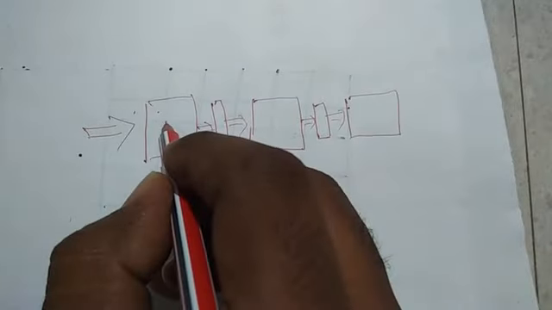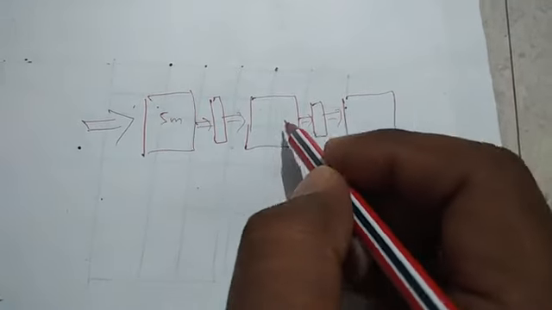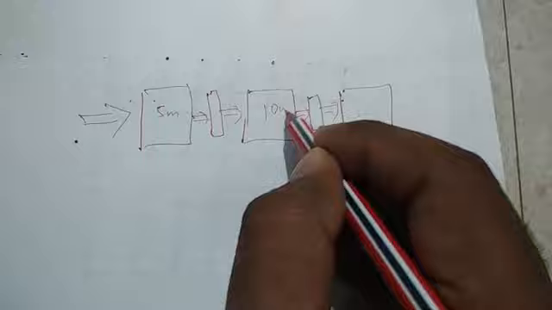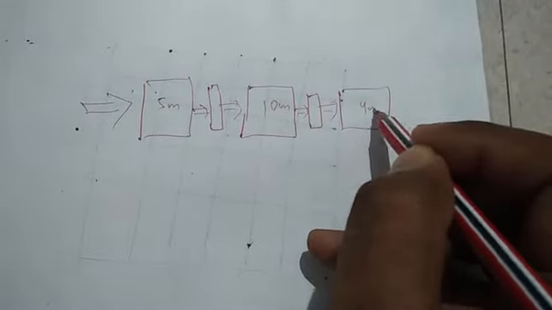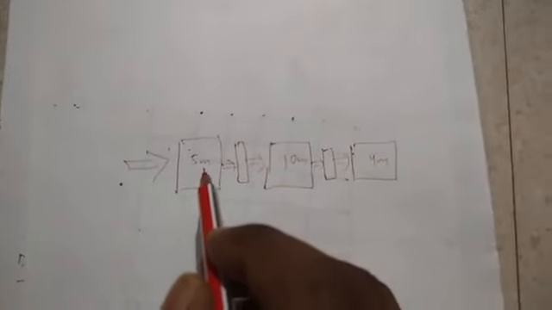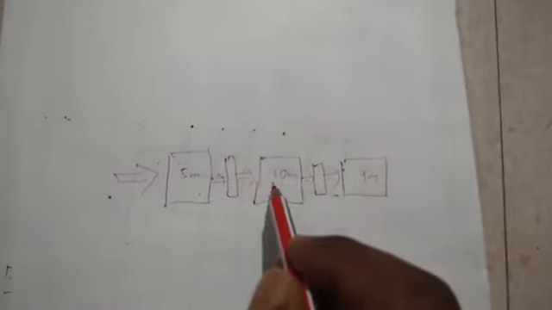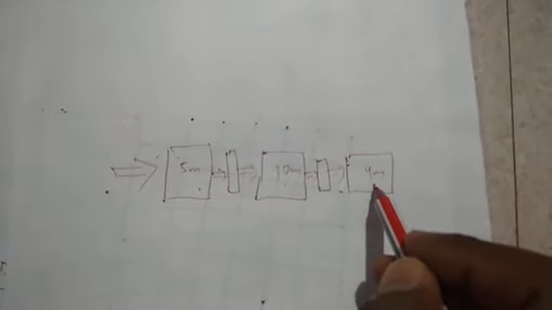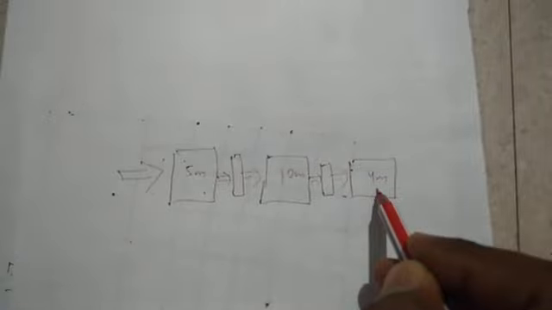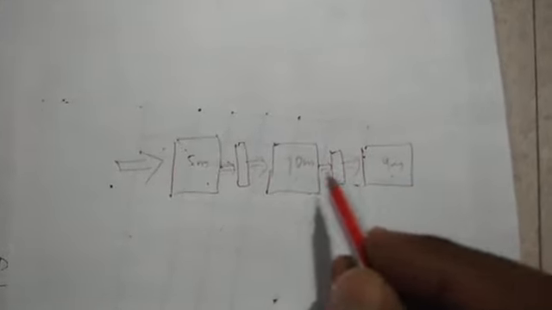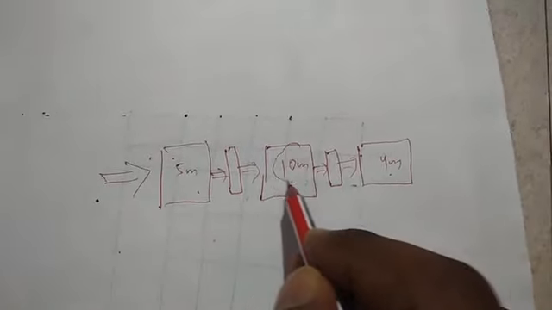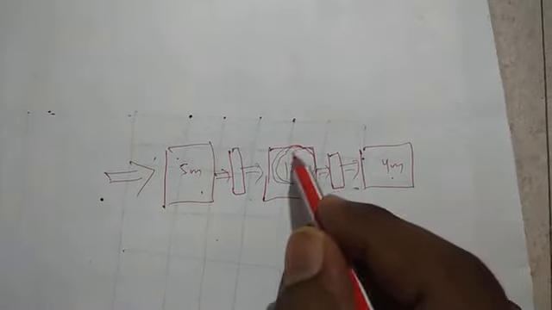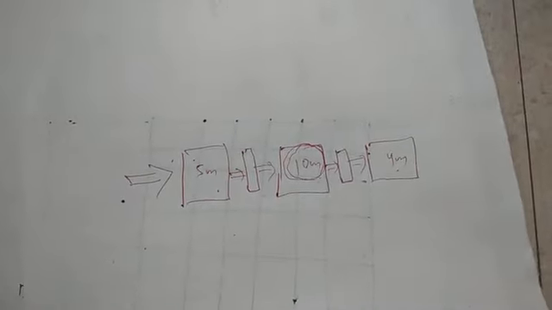Suppose this stage takes 5 minutes, this stage takes 10 minutes, and this stage takes 4 minutes to execute the instruction. In this case we have to take the maximum time as the clock cycle time.